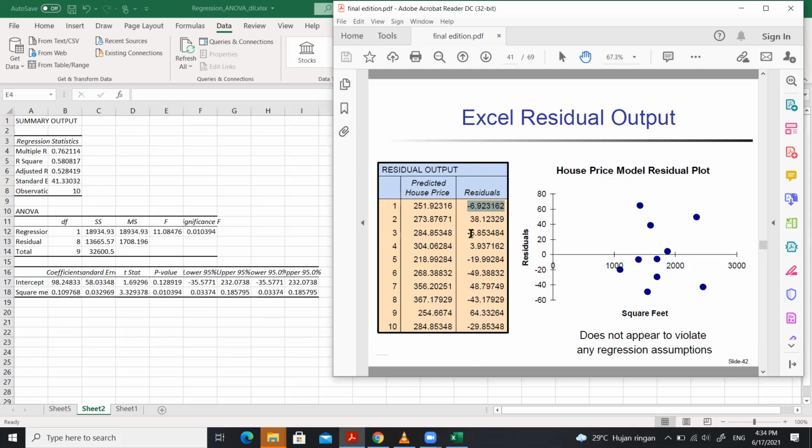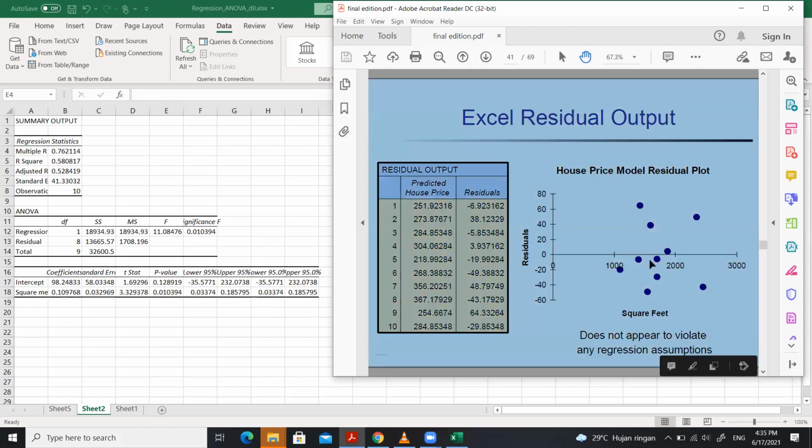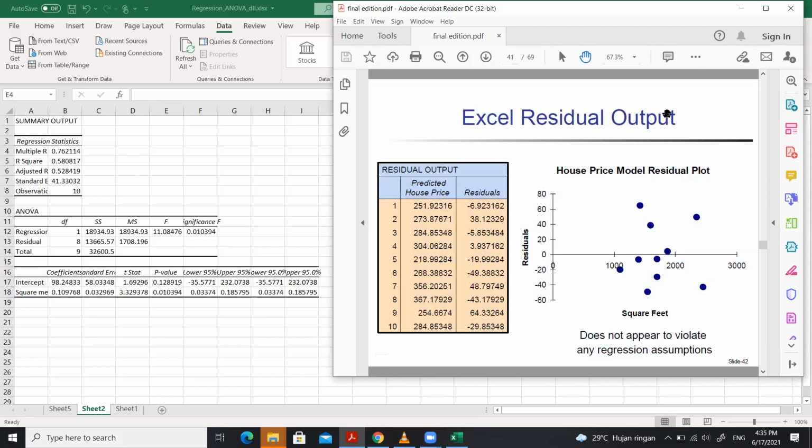You can see here, for example, minus 6 is around here. For example, the highest one, minus 49. It's similar for this data.